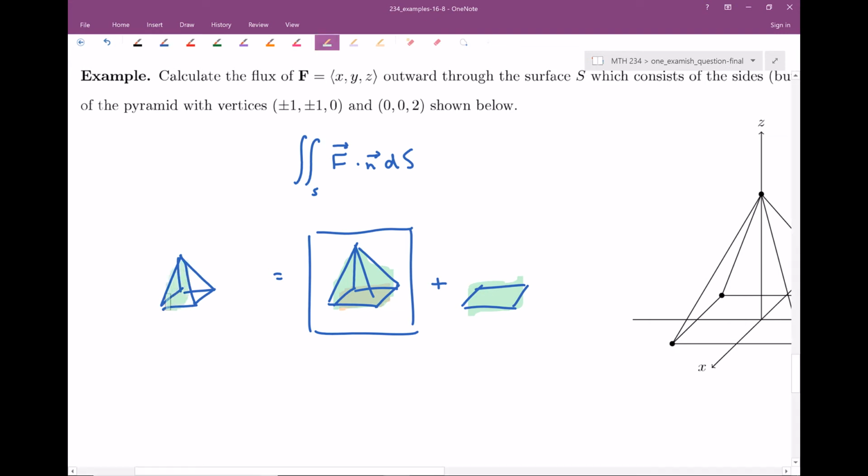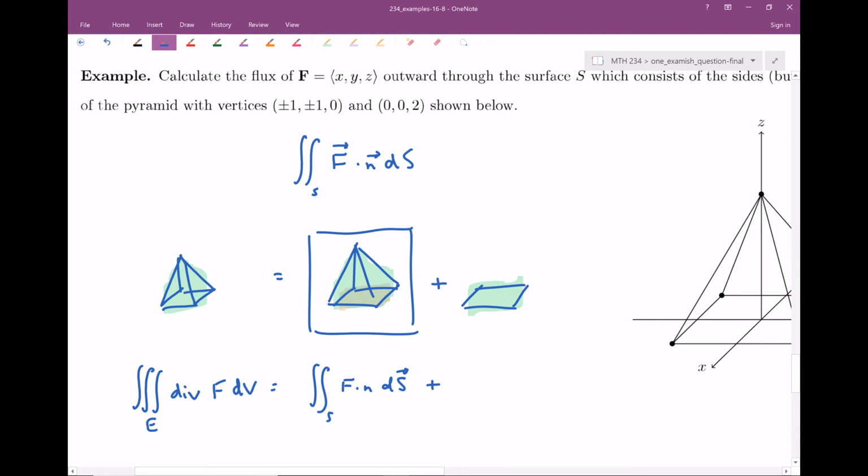And this is something that we can use the divergence theorem on. So we're going to use the divergence theorem to calculate this divergence of F dV. And again, this is what we're trying to calculate: our surface integral over all the pieces on the side, but not the bottom. And then this one right here, we can calculate by hand.